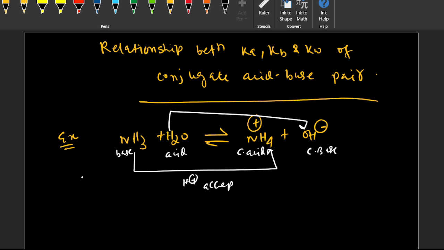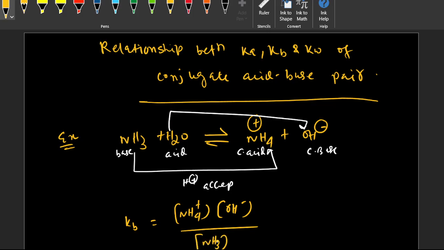So similarly, for these reactions, if I ask what is the Kb, then it is the concentration of products divided by the concentration of reactants. So the products are NH4 plus and OH minus, and the reactant is NH3.